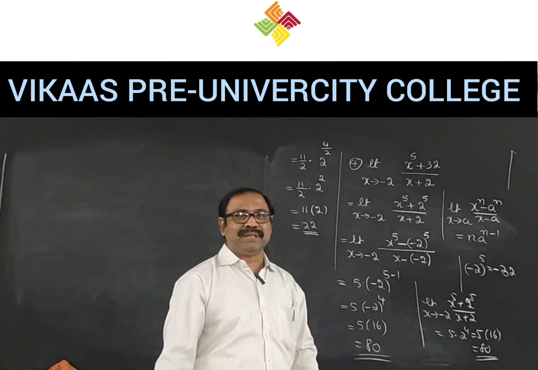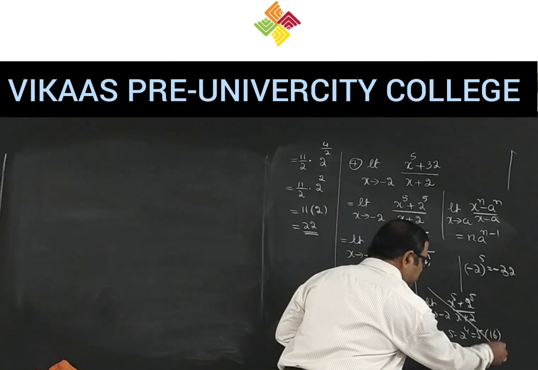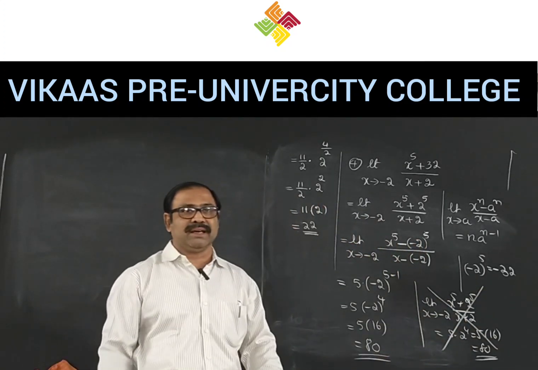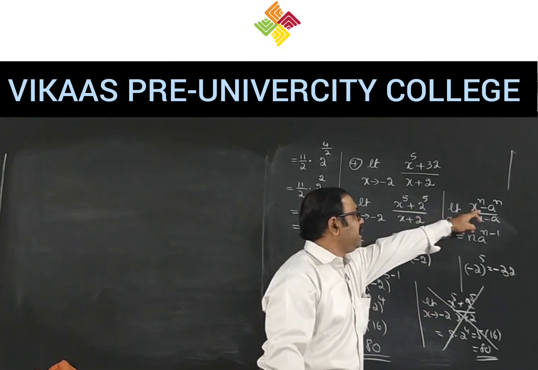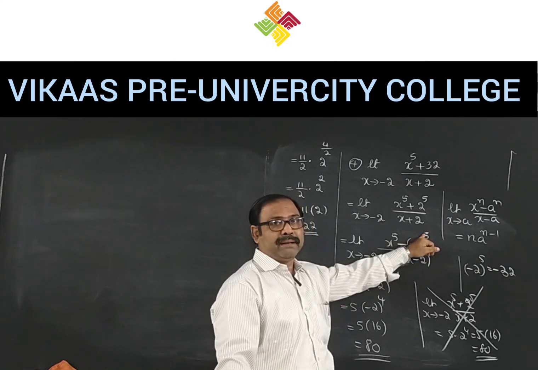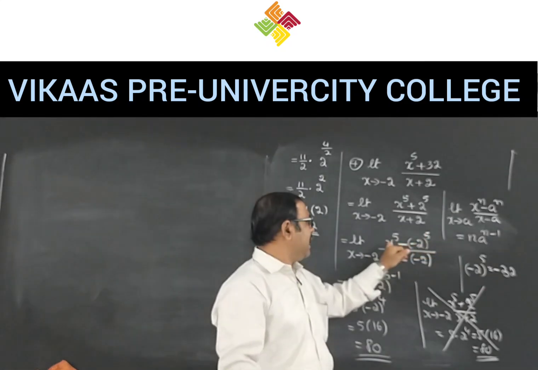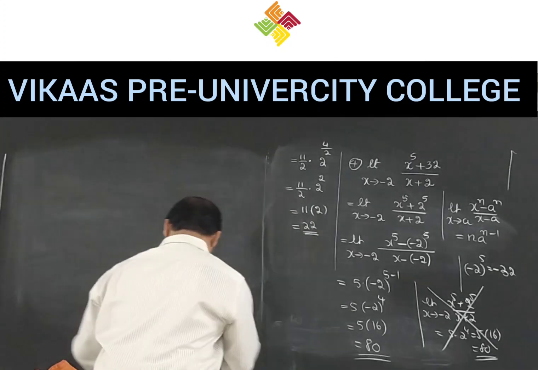But if it is a subjective question, working out like this is wrong. We can't work out like this. Remember, in order to apply this rule, strictly it must be in the form of x power n minus a power n. That is compulsory. I hope you have understood this.